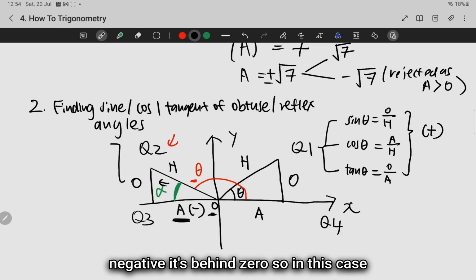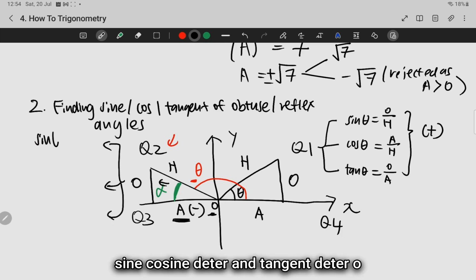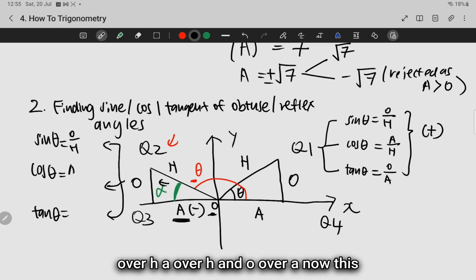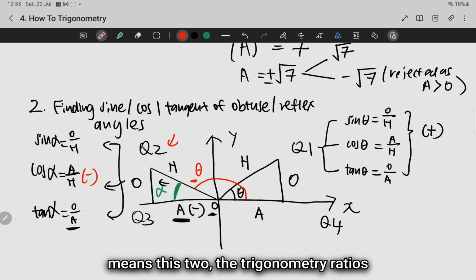So in this case, sine theta, cosine theta, and tangent theta are O over h, A over h, and O over A. Now, this shall not be theta anymore. It shall be the basic angle. So since A is negative, that means the cosine and tangent ratios will be negative, and sine will be positive.